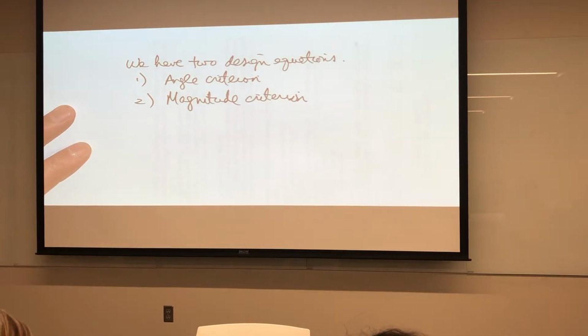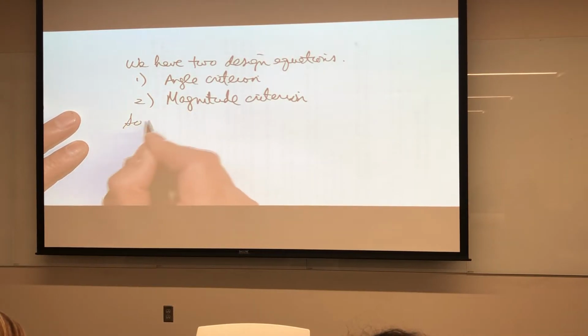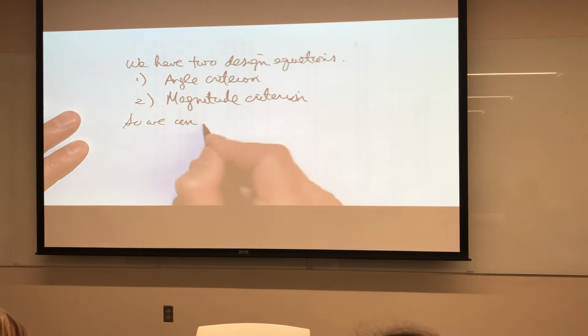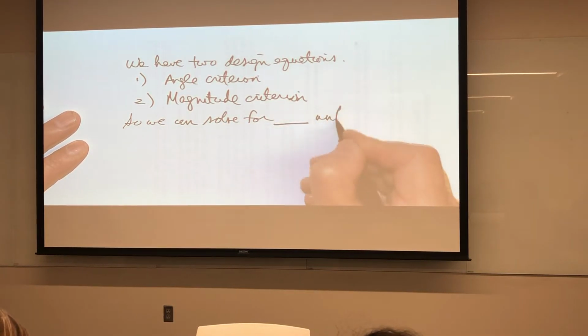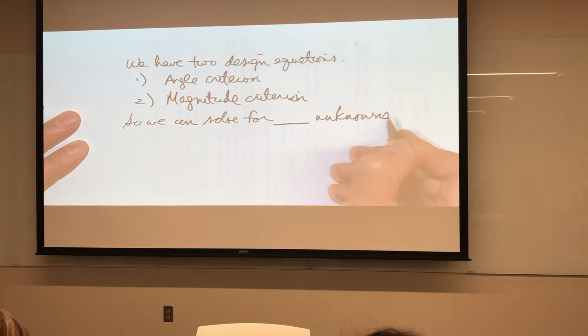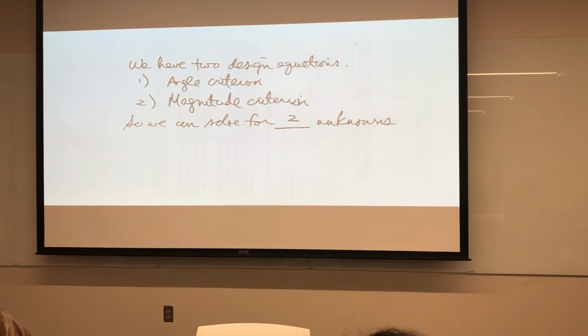Angle criterion and magnitude. We have two design equations. So we can solve for how many unknowns uniquely? Two equations, two unknowns, okay?